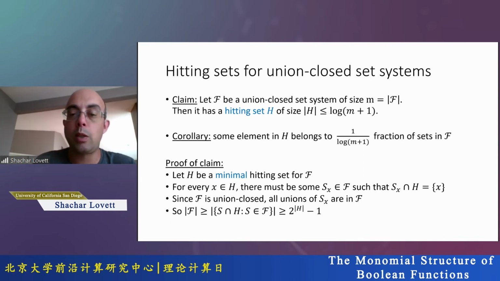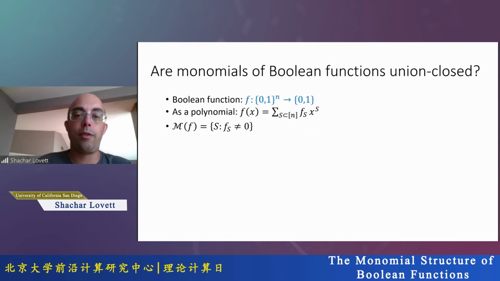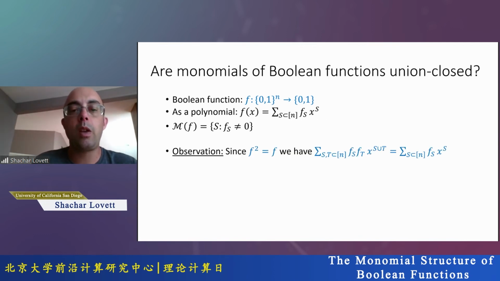So now let me tell you how this gets connected to Boolean functions. Take a Boolean function now, again, as we did before, write it as a polynomial, and let M be the set of its monomials. Now here's an observation. Because f is Boolean, we have that f squared equals f, right? You take every f of x and you square it, but because the output is 0 or 1, 0 squared is 0, 1 squared is 1, so f squared is f as a Boolean function.